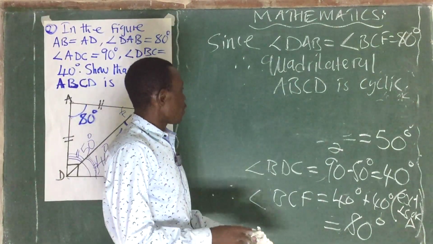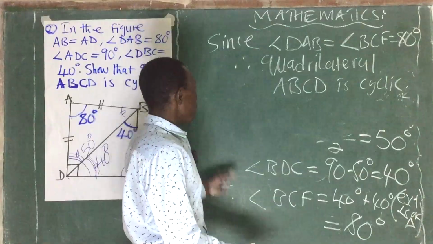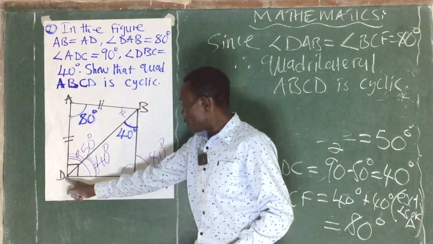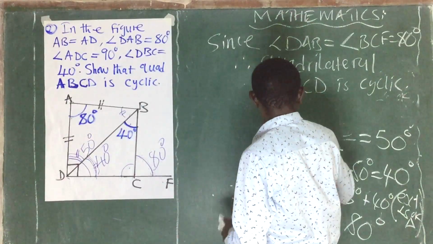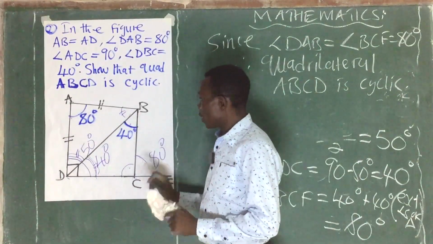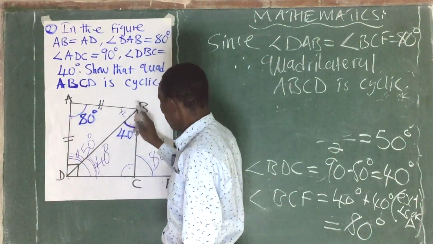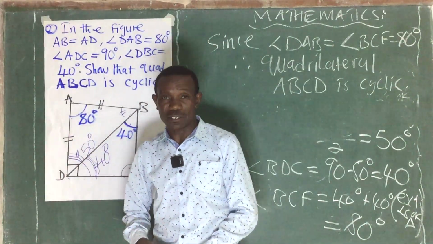If they also ask you to prove that the points A, B, C, D are concyclic, then the moment you have proved that this one is cyclic, you can write: hence A, B, C, D are concyclic points.